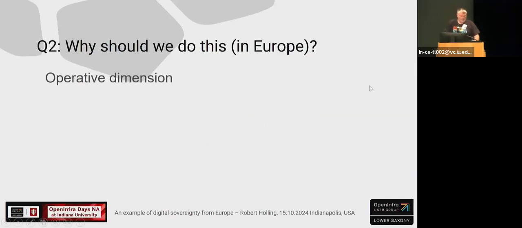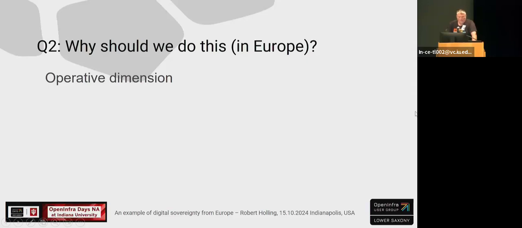We have an operative dimension. There's obviously a need among companies and authorities in Europe to create a so-called secure data space for federated systems in and for Europe. The motivation is clear.